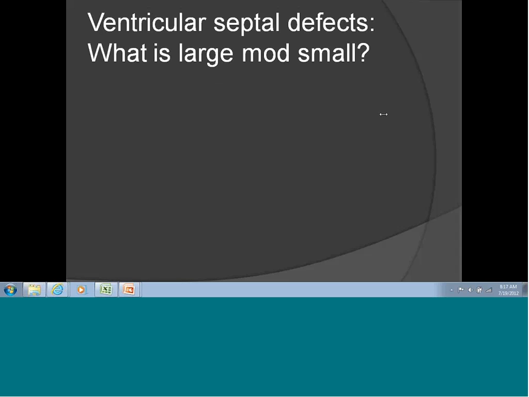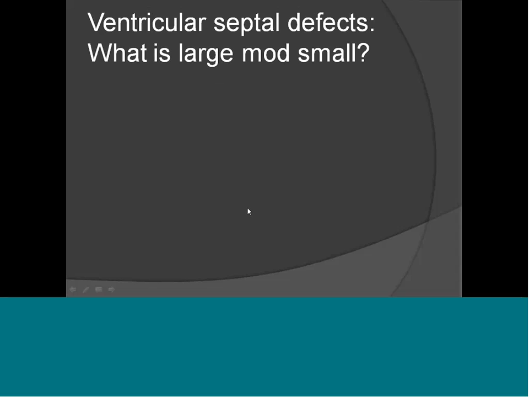Any other methods to define it apart from pressure? Okay, you can compare it to size of aorta. Yes, in moderate the LA and LV will be dilated, so that does not define whether it's large or moderate or small, right? Because large can also have LA and LV dilated.